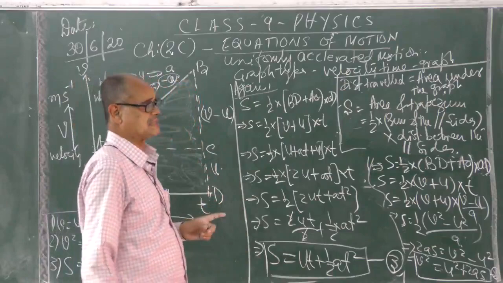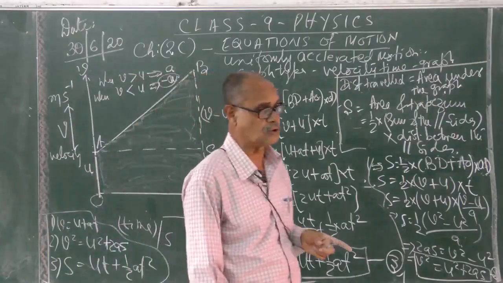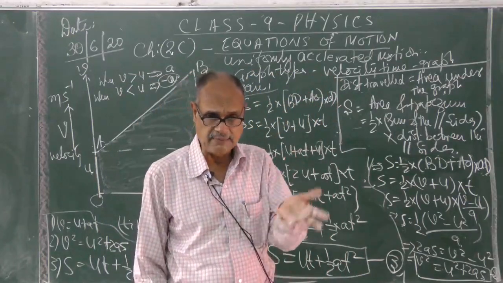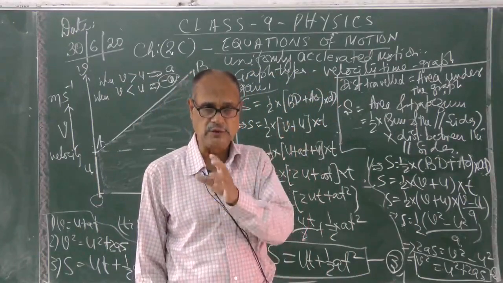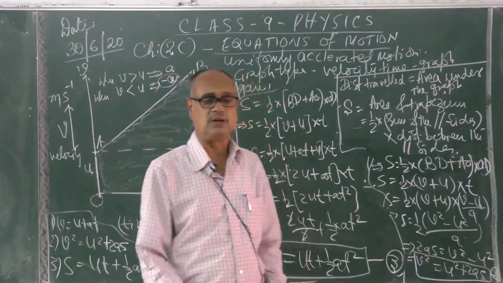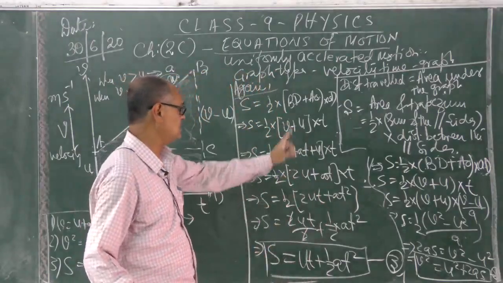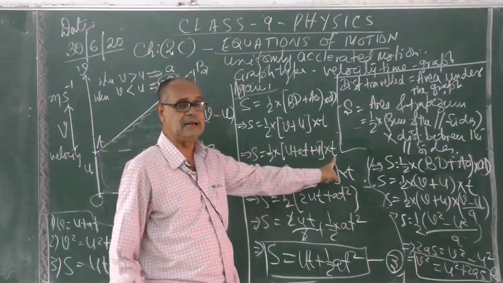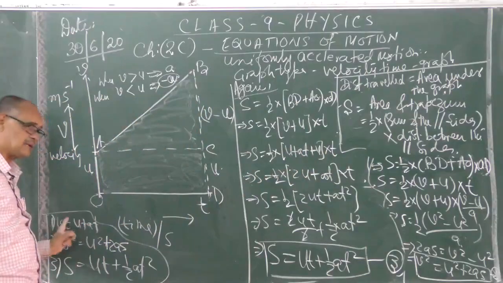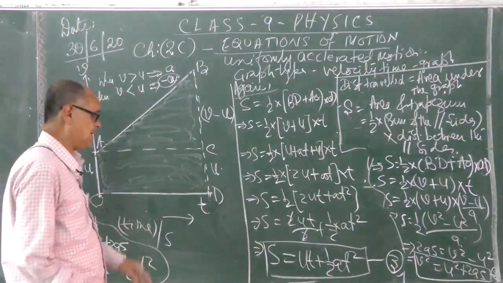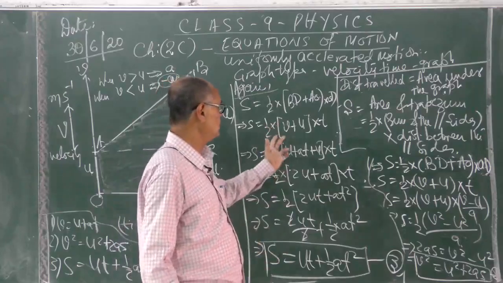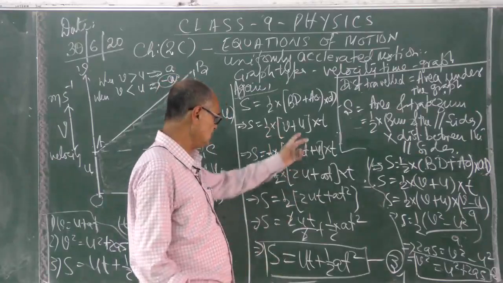The formula will stand as distance traveled equal to average velocity into time, by giving u plus v by 2 into time. Automatically lines will come up in your mind by the same process. Once you eliminate time from the first equation, that is v minus u by a, and the second formula on drawing, it will be u plus v by 2 into t.